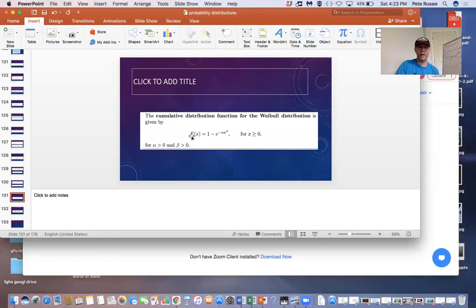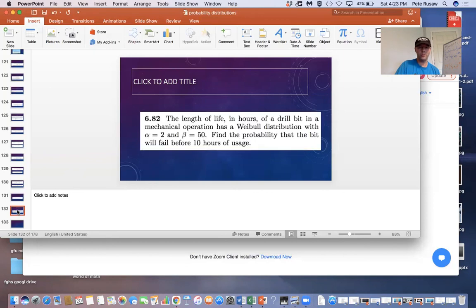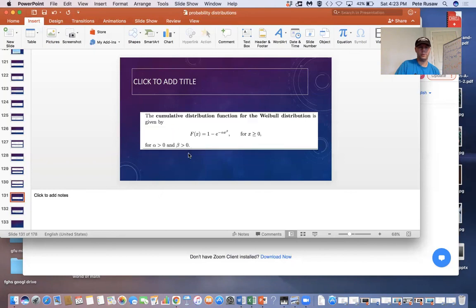So it would be F of 10 equals 1 minus e to the negative alpha x to the beta. But look, we already know alpha is 2 and beta is 50. So all you have to do to answer that question is plug 10 in for x, 2 in for alpha, and 50 in for beta.